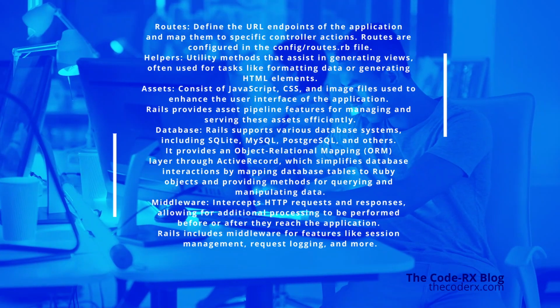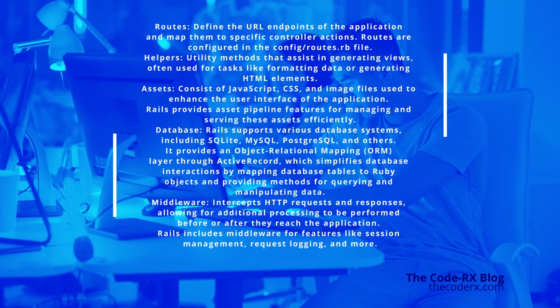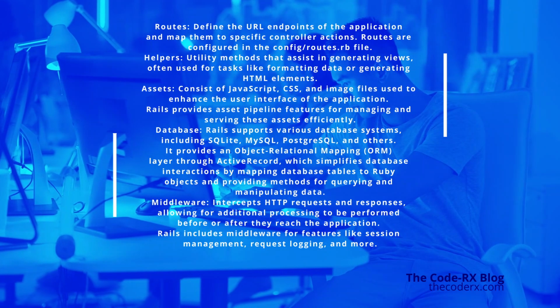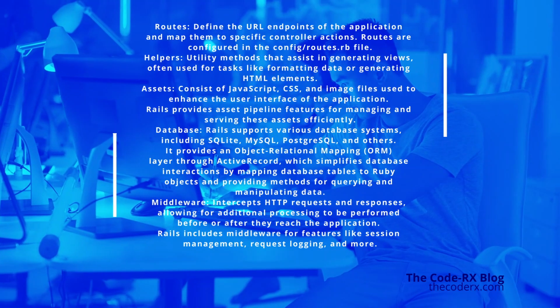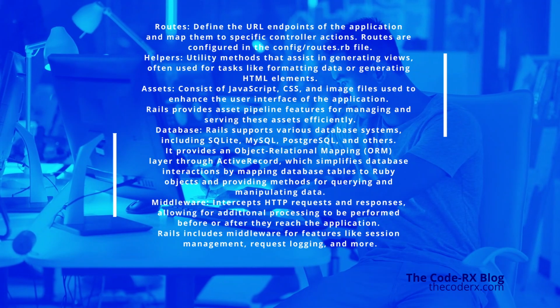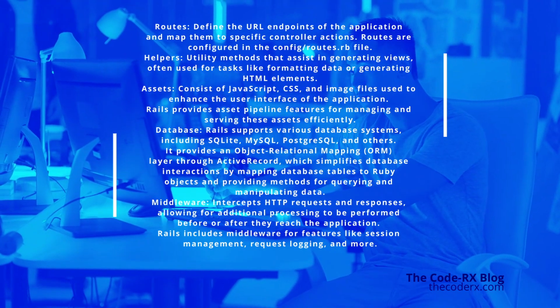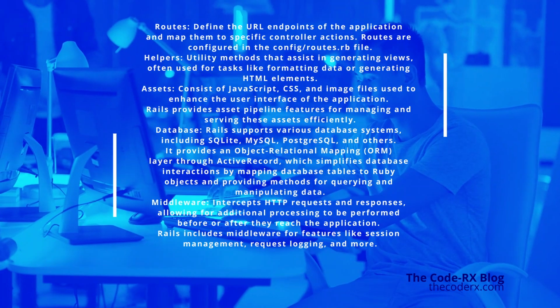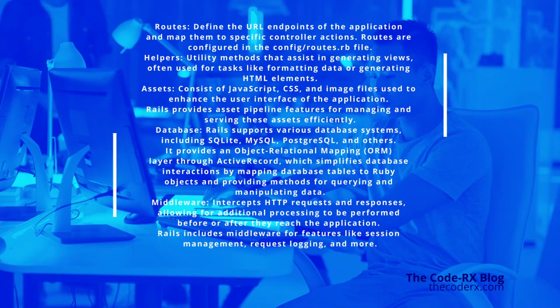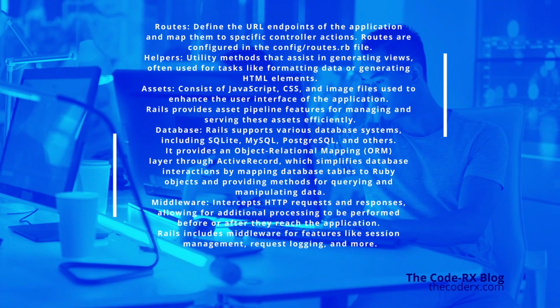Then there are the routes. Routes define the URL endpoints of the application and map them to specific controller actions. These routes are configured in the config/routes.rb file.